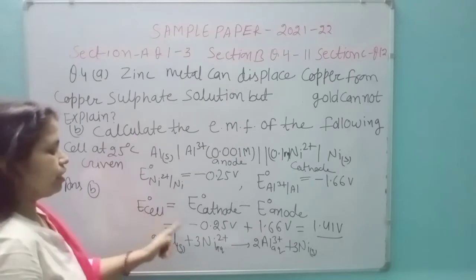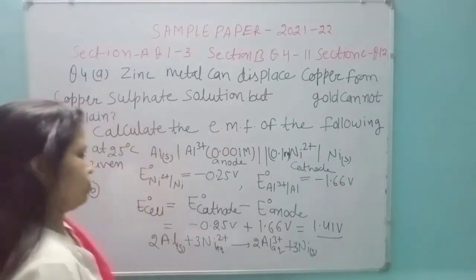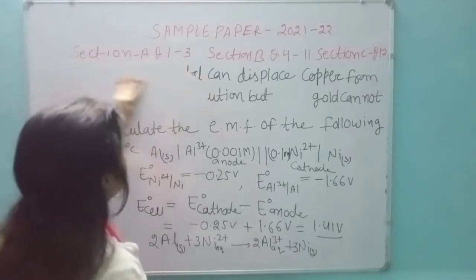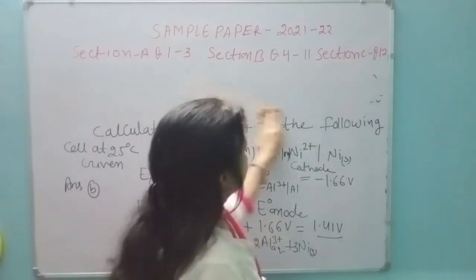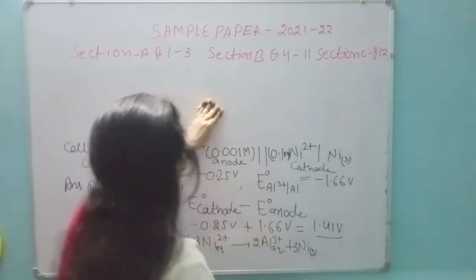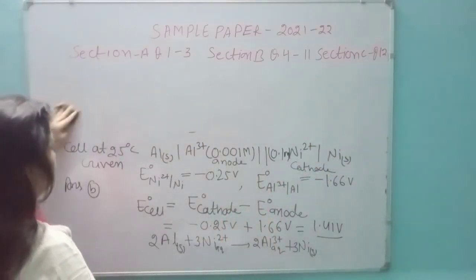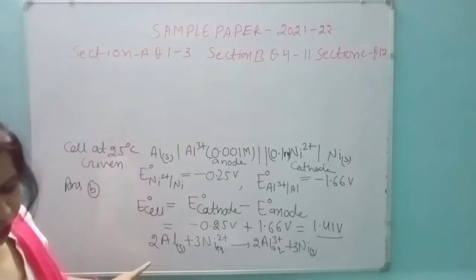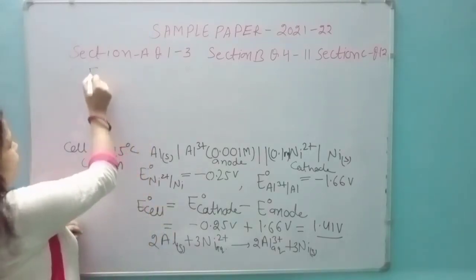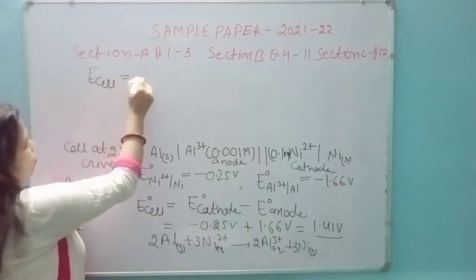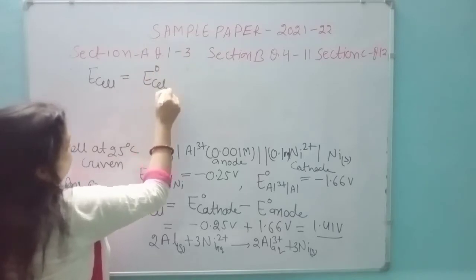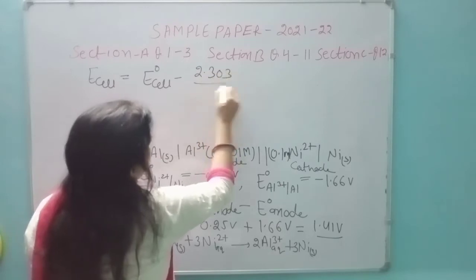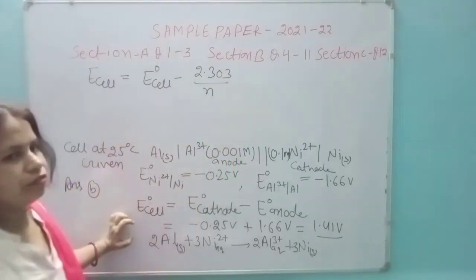So how to write the Nernst equation for this representation? Let's see. E cell equal to E naught cell minus 2.303 RT upon nF.